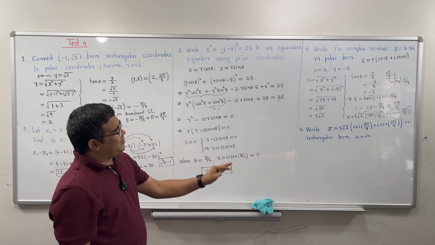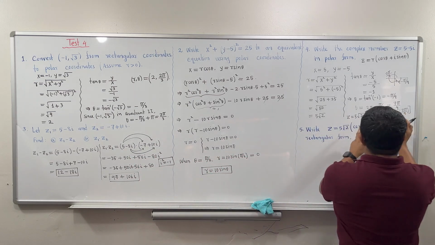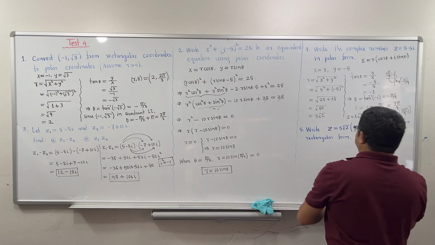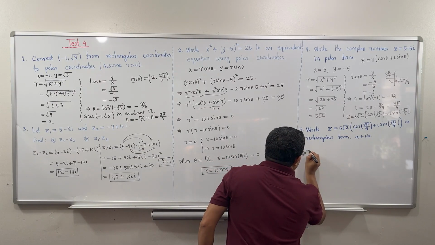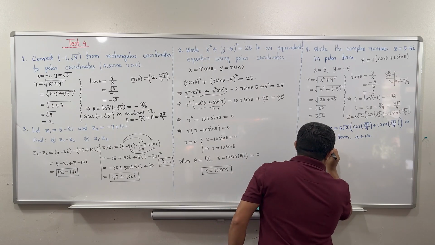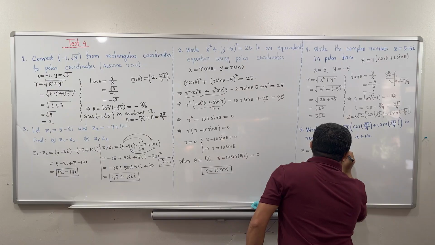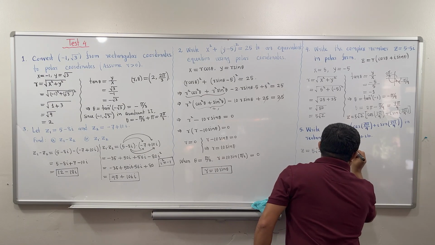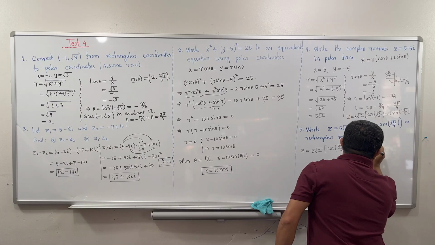Now question 5, actually we have given this polar form and we need to write the rectangular form. So we have given z equals 5 square root of 2 cosine 7 pi over 4 plus i sine 7 pi over 4.